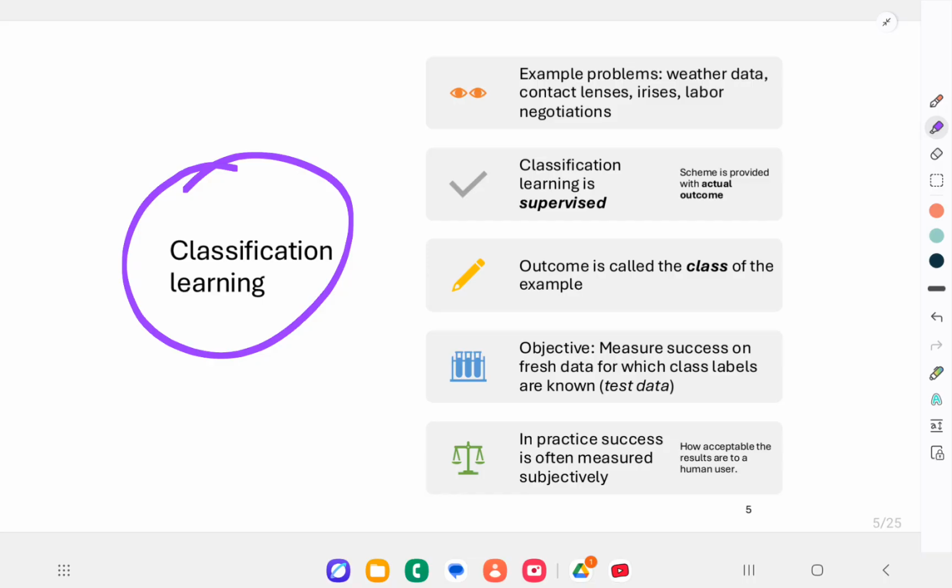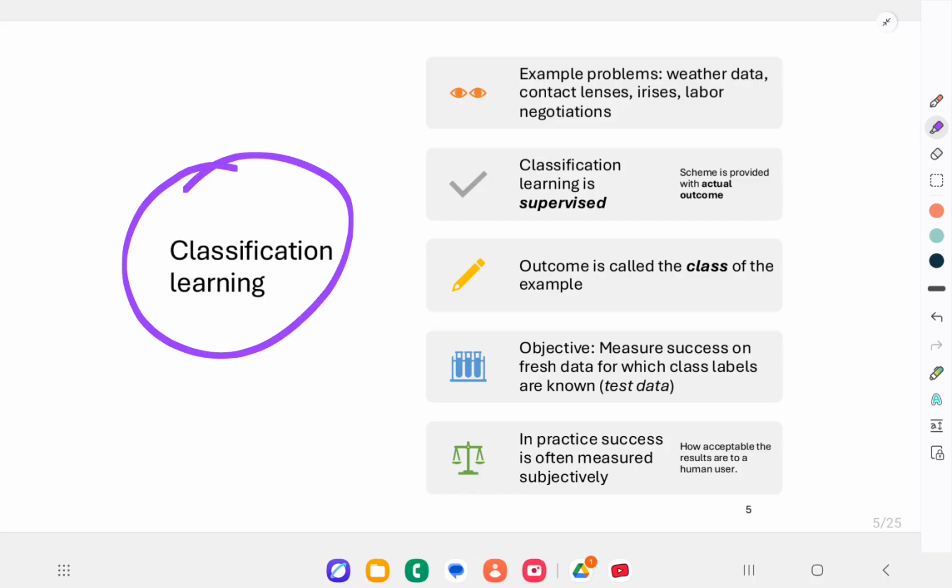Imagine we're working with weather data, for example. This is a very well-known toy data set in machine learning. Based on the weather conditions, we want to predict whether or not we go out to play tennis. That's a classification problem.